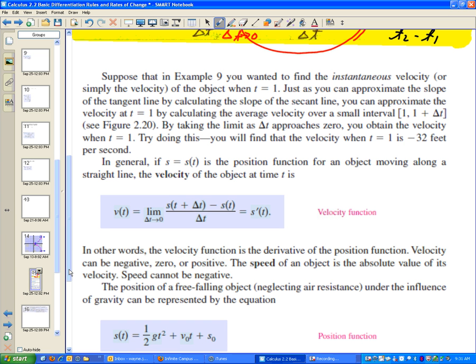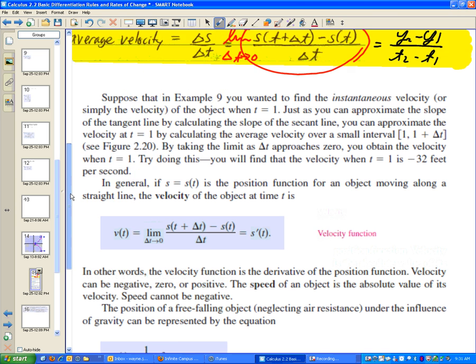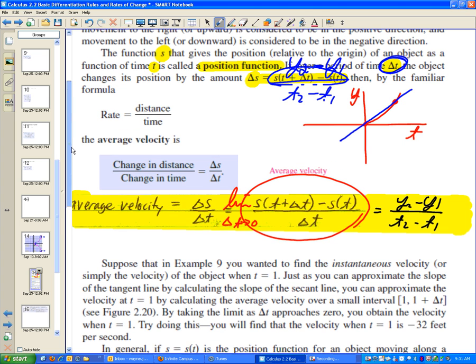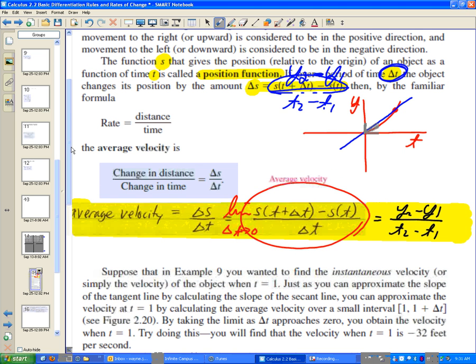Just as you can approximate the slope of the tangent line by calculating the slope of the secant line, you can approximate the velocity at t equals 1 by calculating the average velocity over a small interval. So, just like we did before when we kept moving p closer to q, same idea.